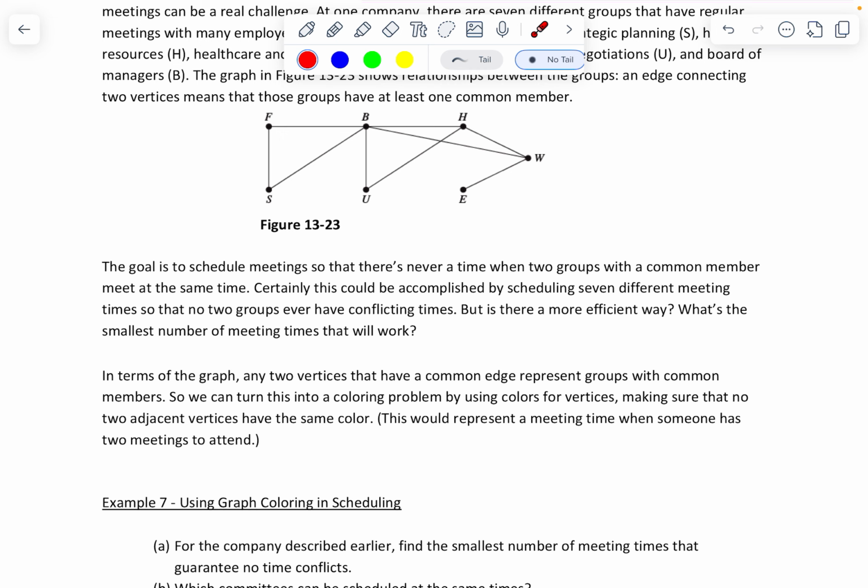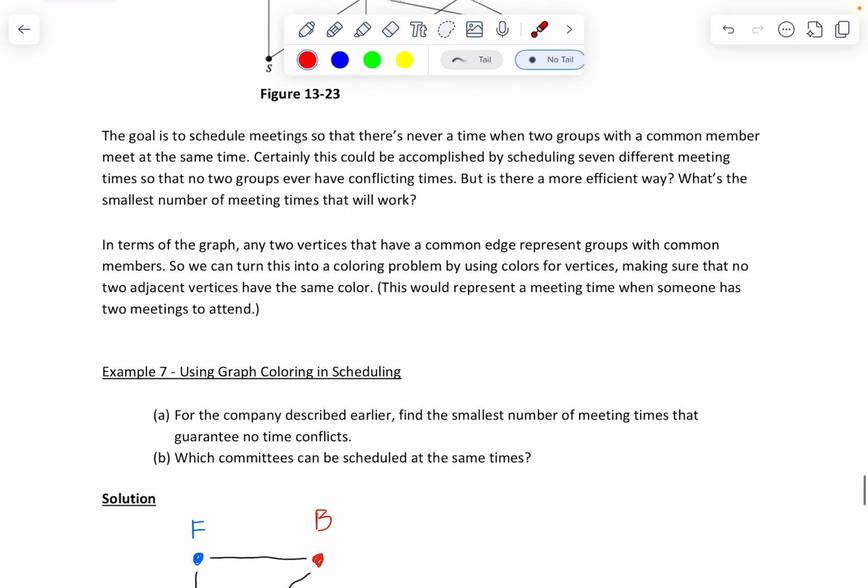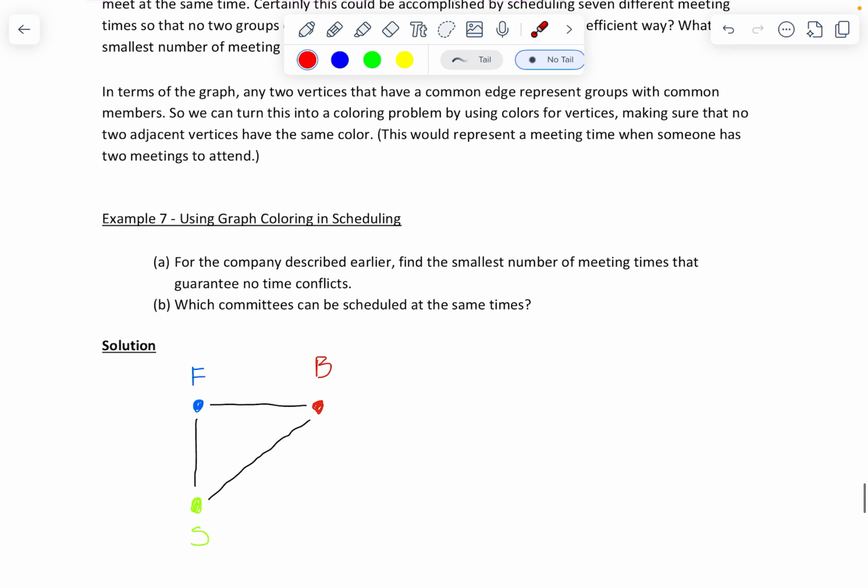All right, so we can do this. So vertex U can be colored blue. This is vertex U. Okay.